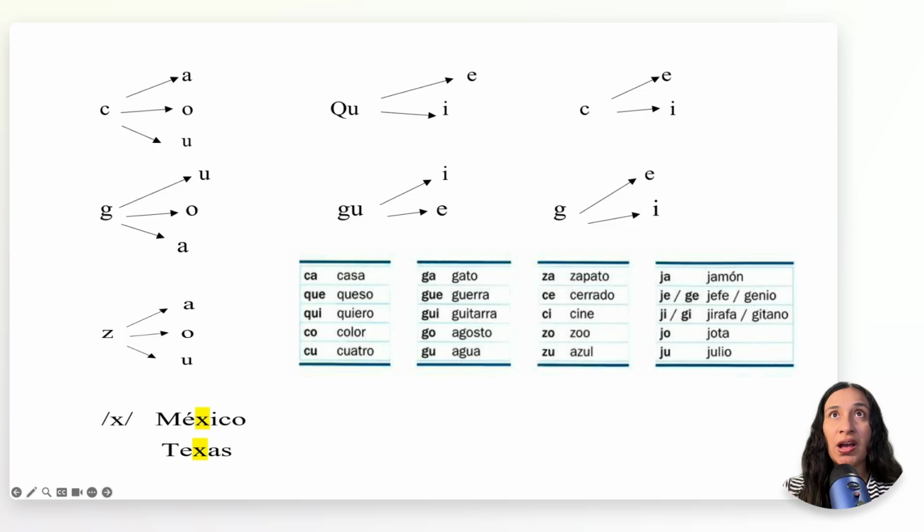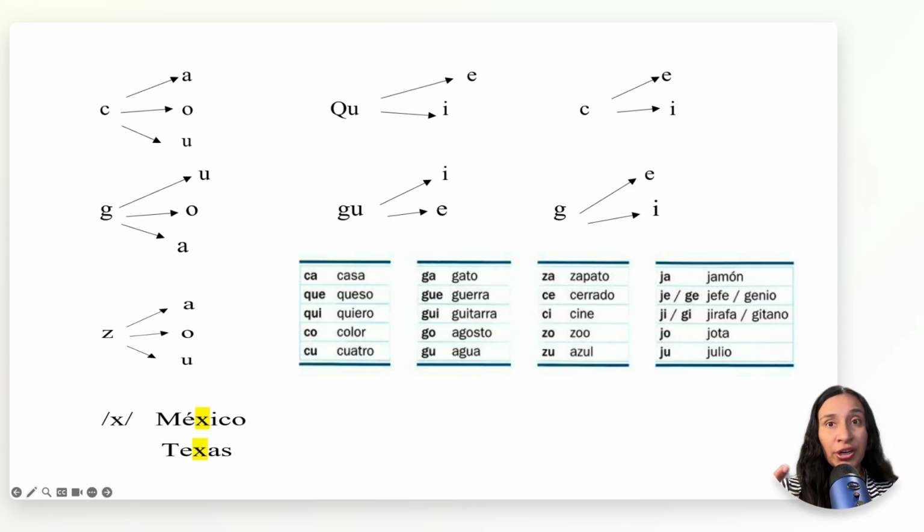So whenever you have to pronounce that sound, it's going to be q, u, e, q, u, i. Okay, so whenever you have those three letters combined, you're going to say que, ki. Okay, so ka, se, si, ko, ku, but ke, ki with q, u, e, q, u, i.